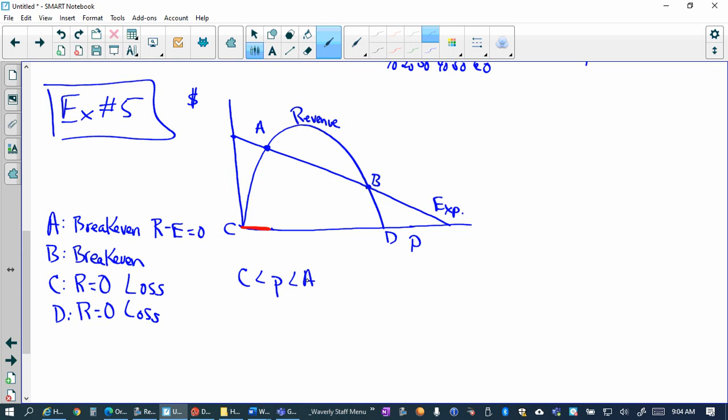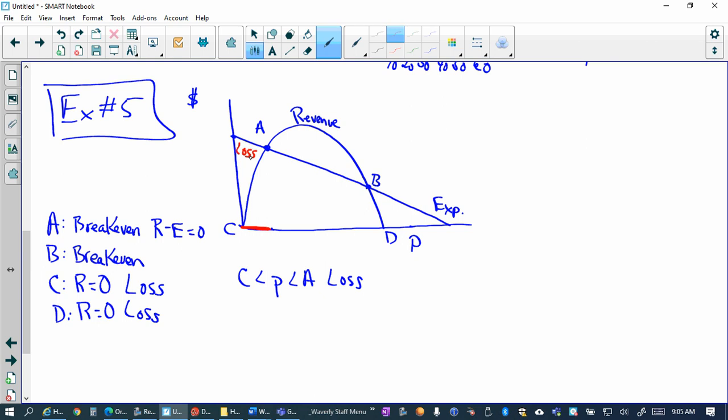That's a loss. With me on that? And I shaded that in red there, didn't I? So basically, anything in here is a loss, isn't it? In that little region there, okay?